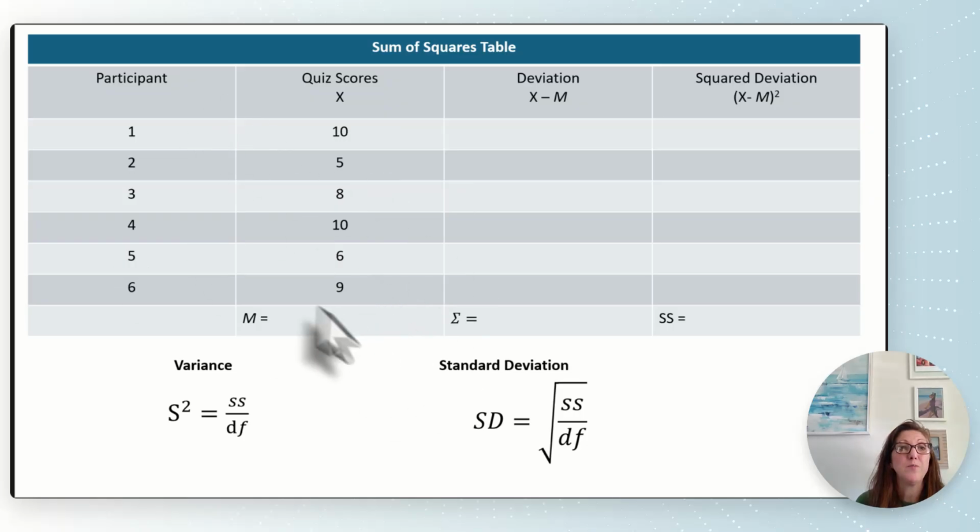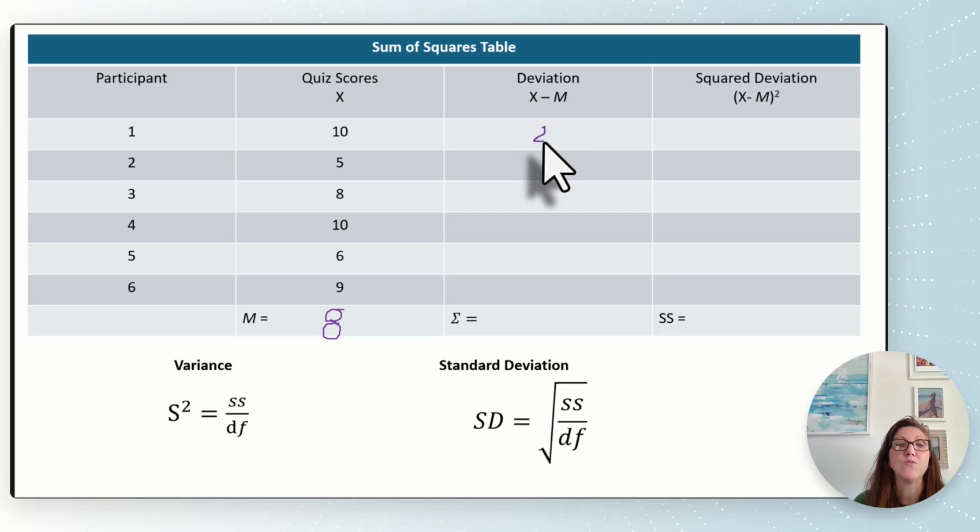We've already computed the mean in a previous video, so we don't need to do that. The mean in this case was 8, so we'll put in 8. That's the mean of our scores; we just added those up and divided by 6. Now we're going to take 10 minus 8, which is 2.